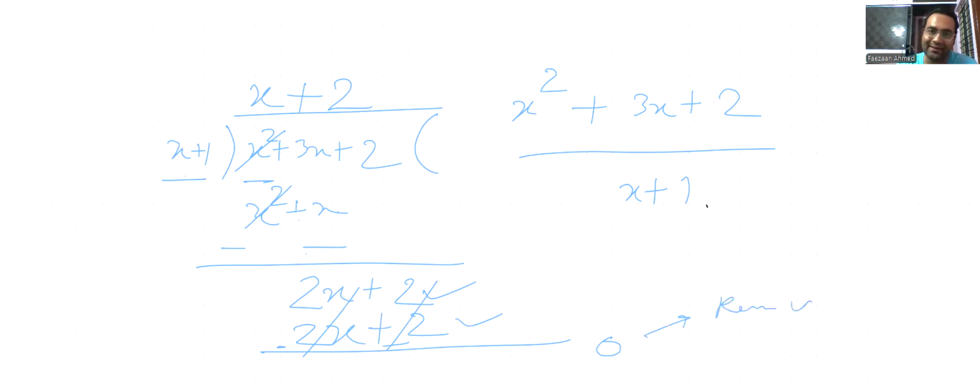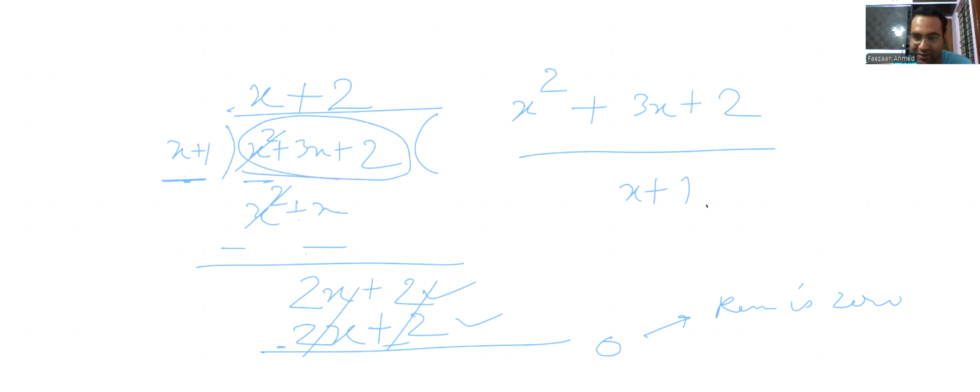Now, this also indicates that this expression x plus 1 is actually able to completely divide x squared plus 3x plus 2. So you can actually write this expression as this divisor into this quotient, right? How will it look like? Let me show you.